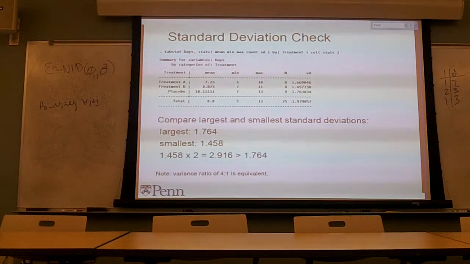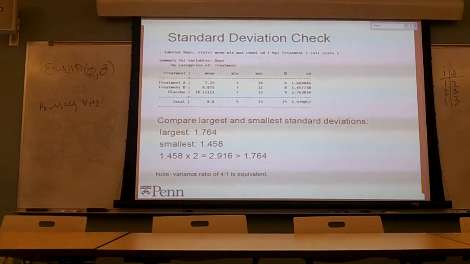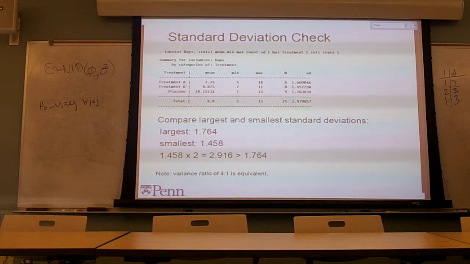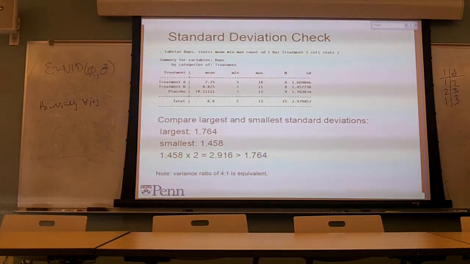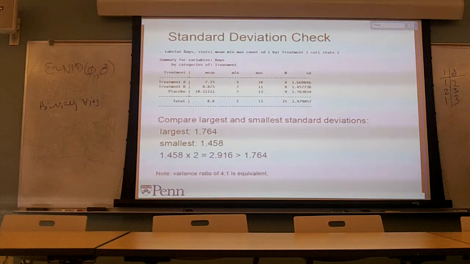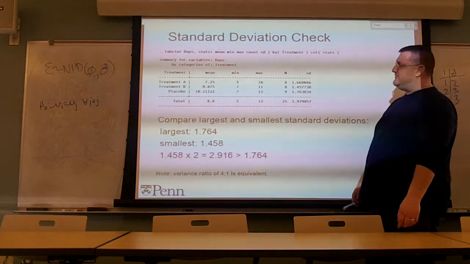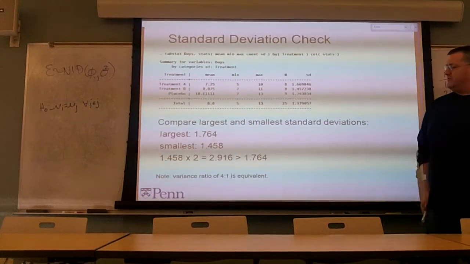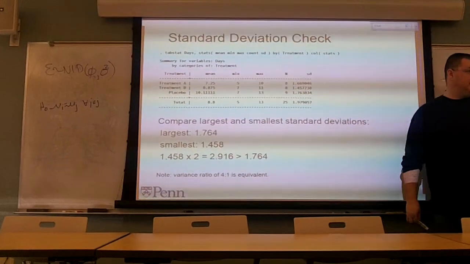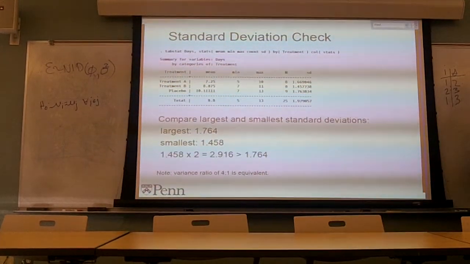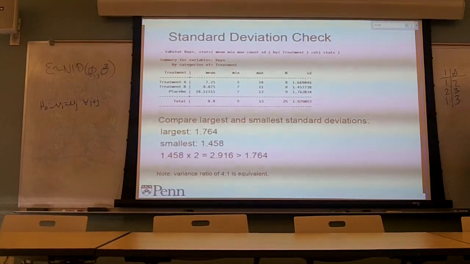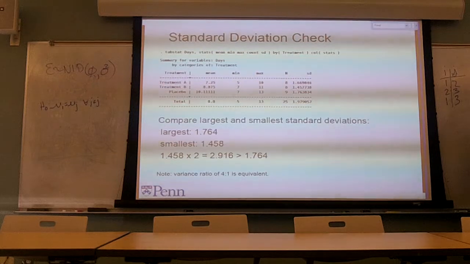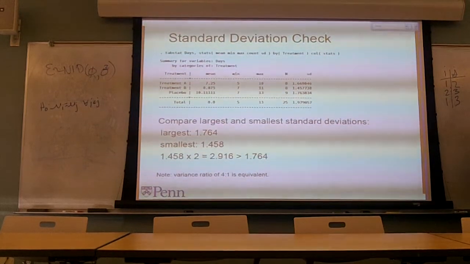Okay, so what I'm looking at here is the tab stat output. See where it says exploratory univariate stats? Here I can do a sort of back of the envelope comparison of my standard deviations to see if I've satisfied the homoscedasticity assumption.